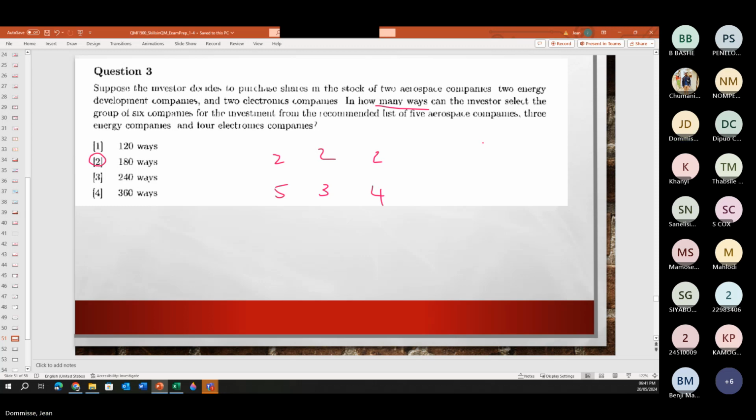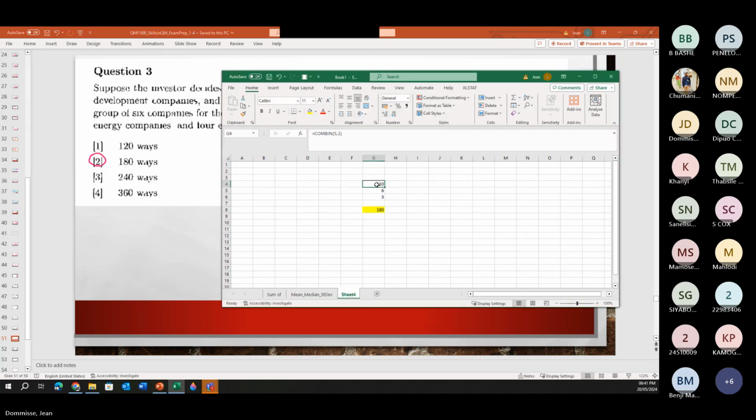So 5 combination 2, 4 combination 2, and 3 combination 2, and then you multiply all of them. So perfect, it's exactly as in the chat.